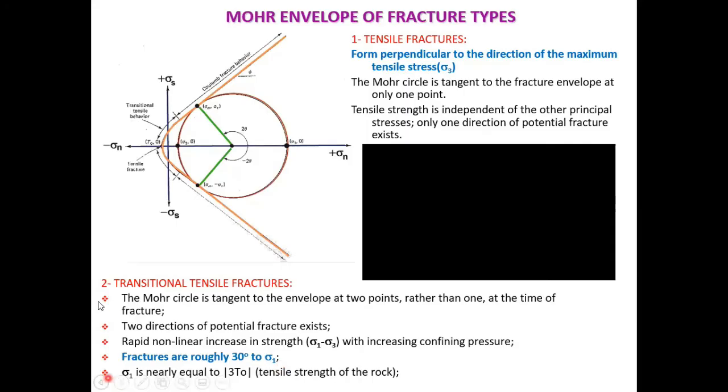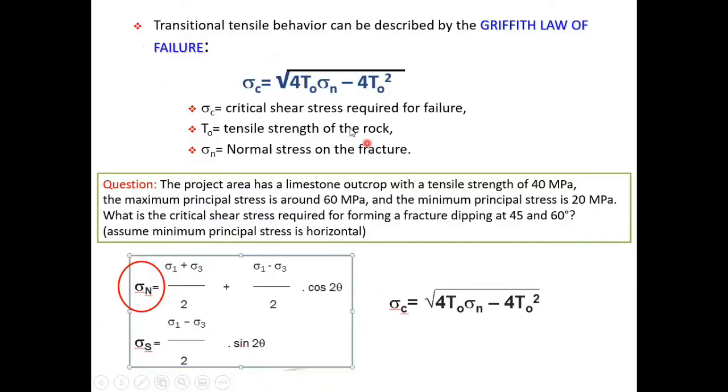And also, sigma 1 is nearly equal to 3 times the tensile strength of the rock in order to form this type of transitional tensile fracture. So if you identify the type of fracture, whether it is a tensile fracture or a transitional tensile fracture, and whether you see some initial sliding or not, then you can already talk about the tensile strength of the rock.